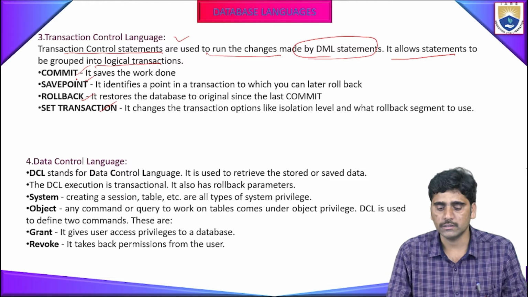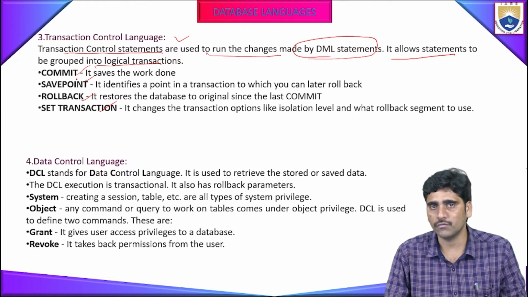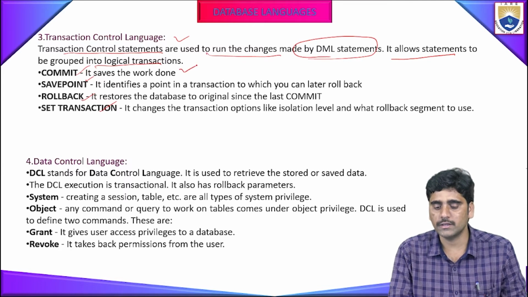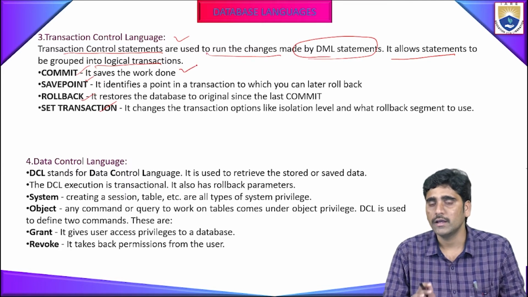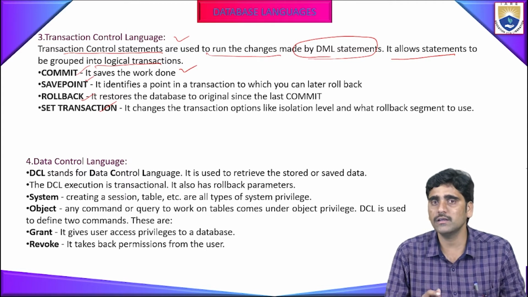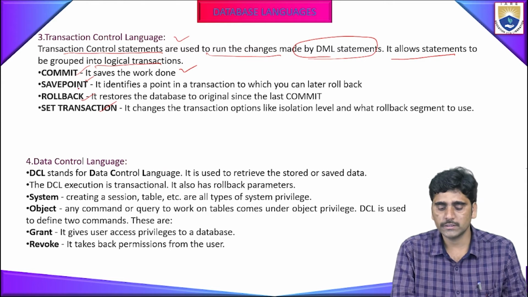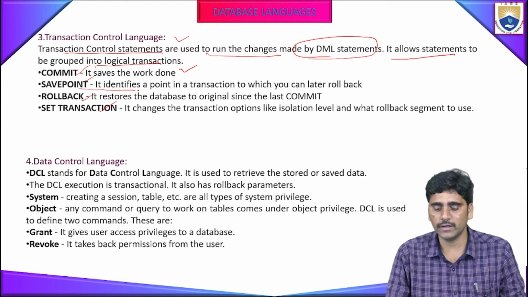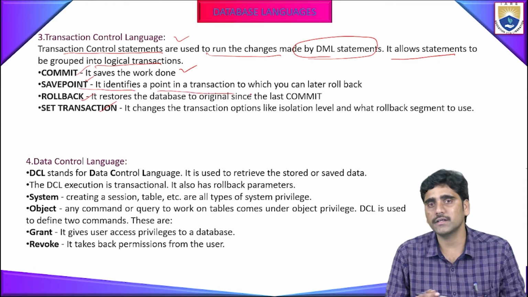Commit saves the work done so far. The work we did in the last minute is committed, and it is saved automatically and permanently. Next, savepoint. A savepoint identifies a point in a transaction to which you can later roll back.